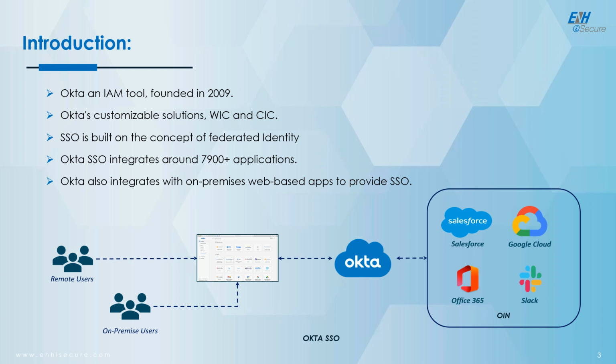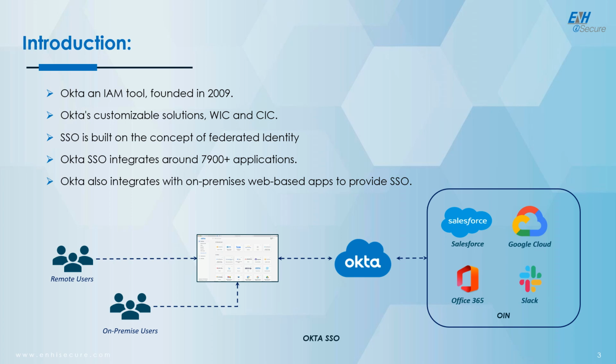Under WIC, Okta offers a wide range of products such as single sign-on, adaptive MFA, universal directory. Along with this, it also offers advanced server access, privileged access management, and access gateway, and many more to secure workforce identities and resources.